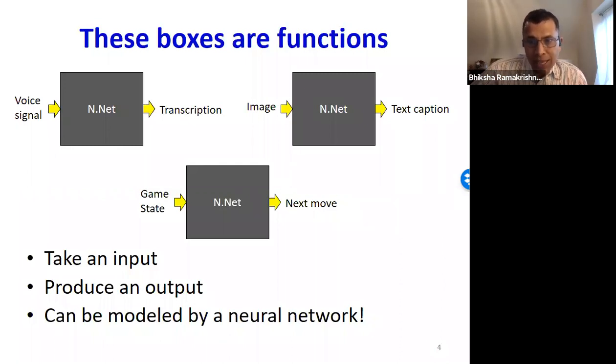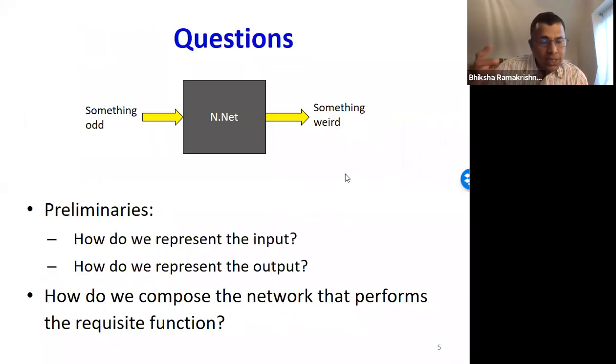Now, in each case, what these functions are doing is to take some kind of an input like the voice signal or the image or the game state and computing an output like the transcription, text caption, or the next move. But consider the mechanics of it. This is a numerical machine.